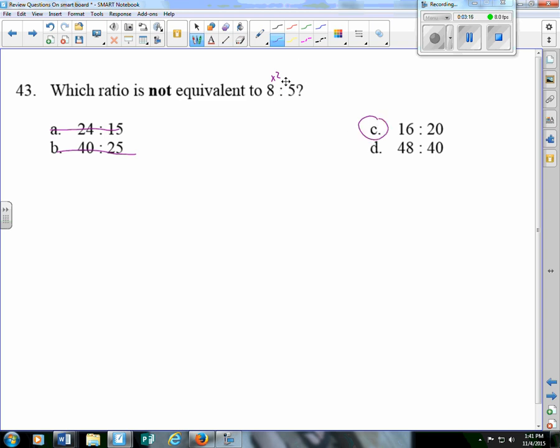If we multiply 8 by 6, we get 48, and 5 times 8 is 40. So I made a mistake somewhere. Here's my mistake. 5 times 4 is 20, which works, but then 8 times 4 is 32. So the correct answer is D.